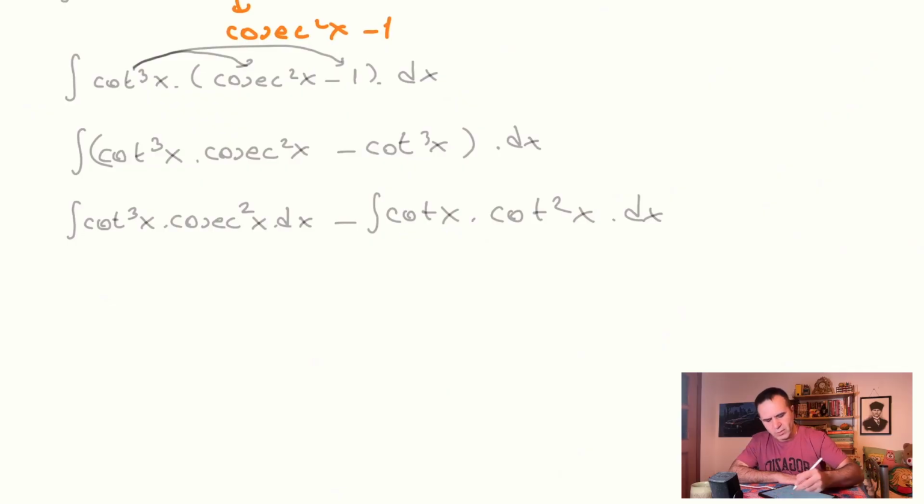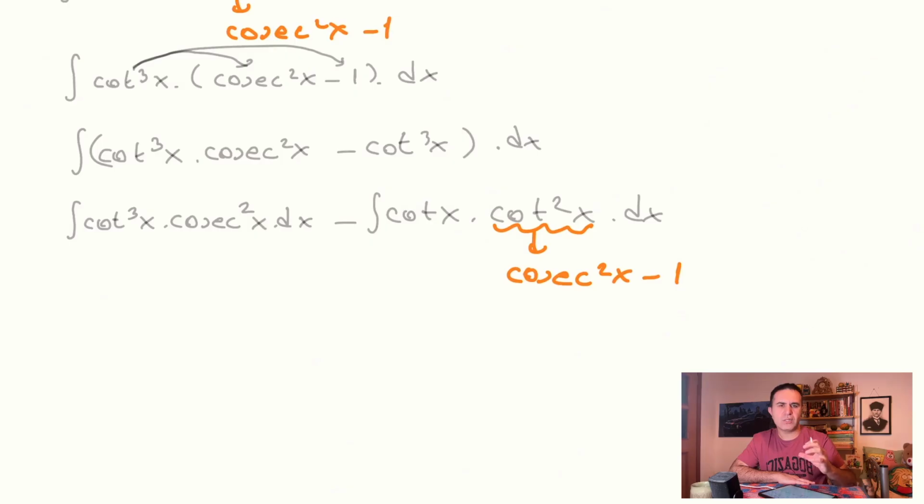Because we know that cotangent square of x is equal to cosecant square of x minus 1. We always use the same method. We split the cotangent square of x and then rewrite it as cosecant square of x minus 1.